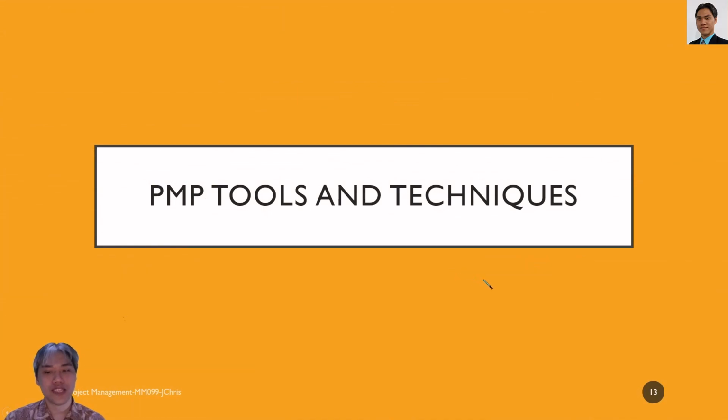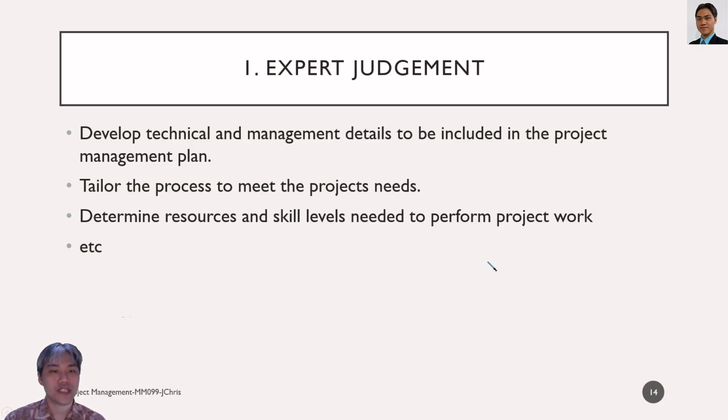Now, what are the tools and techniques for PMP? The first is using expert judgment, to develop technical and management details to be included in the project management plan. It is to tailor the process to meet the project needs. Tailor is the keyword here, because tailoring is just like creating a suit: the tailor will measure your body width, body height, and so on, so he or she can create the perfect suit or dress for you.